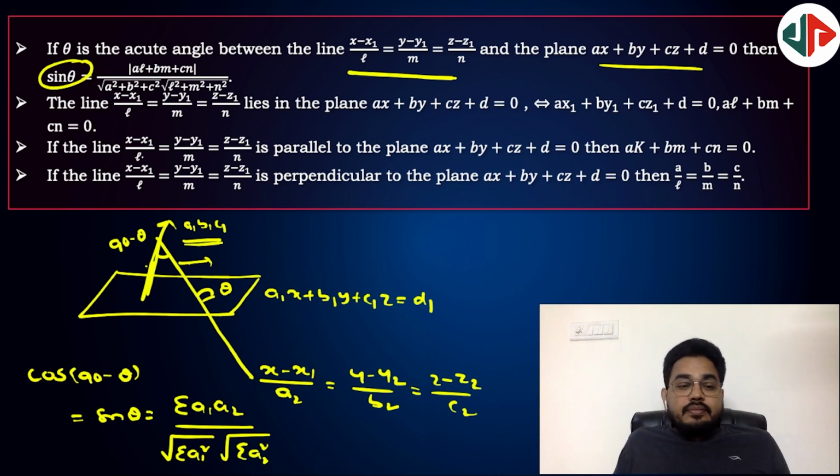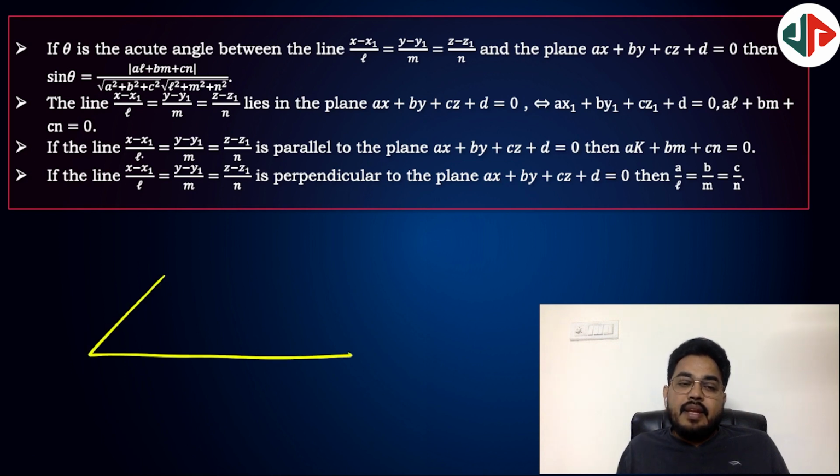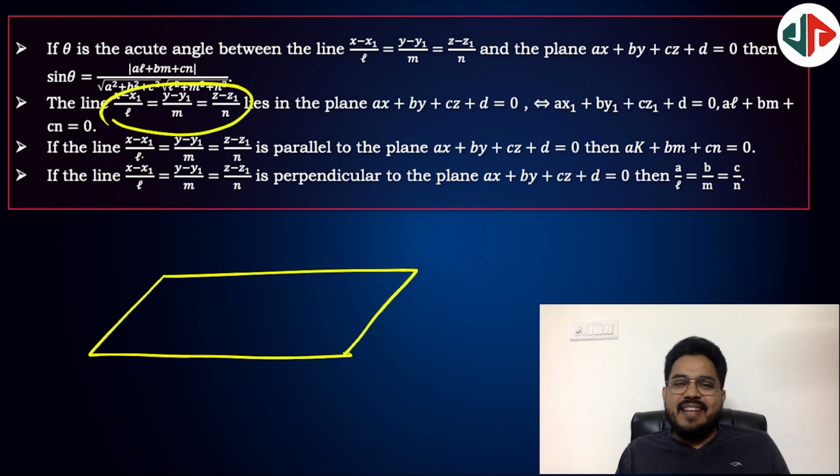Now, another point is a line lying in the plane. So how can we say a line is in the plane? If this is the plane and the line is part of the plane, it means each and every point of the line is in the plane.